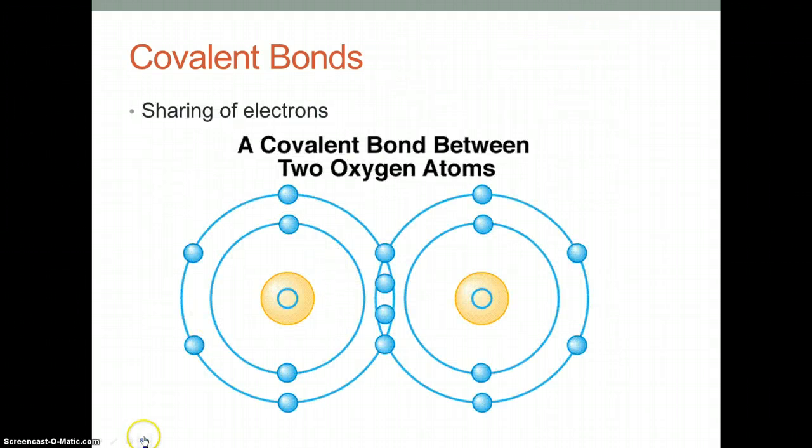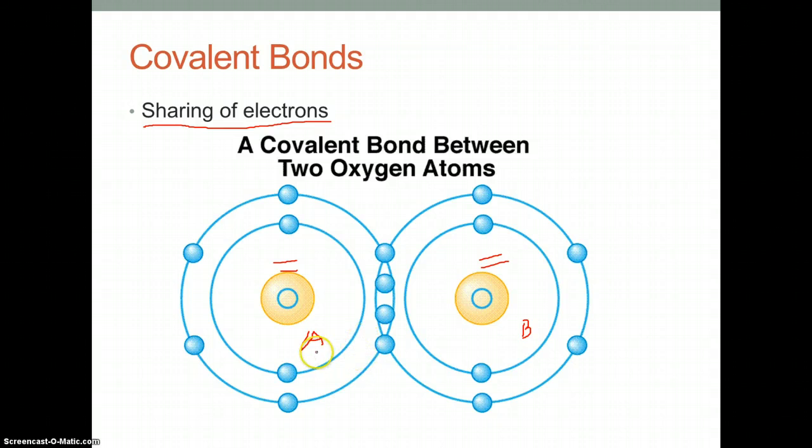Here we have a diagram of what it looks like when 2 oxygen atoms combine. Let's call this oxygen atom A, and let's call this B. These two are equally strong. Neither one can pull the other's electrons into its outer shell. So a sharing of electrons occurs.